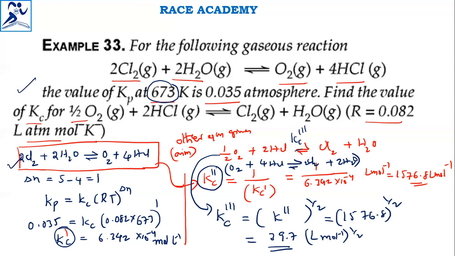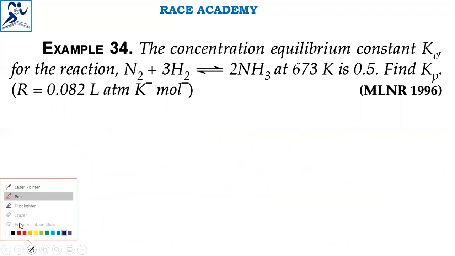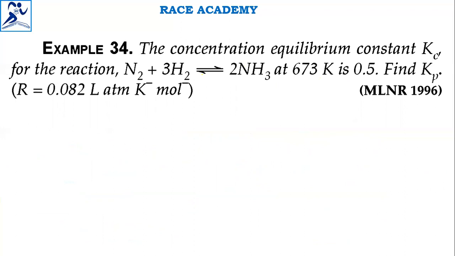Next question. The concentration equilibrium constant Kc for the reaction N2 plus 3H2 gives 2NH3 at 673 Kelvin is 0.5, and find the Kp value.